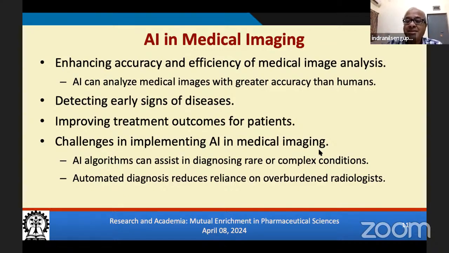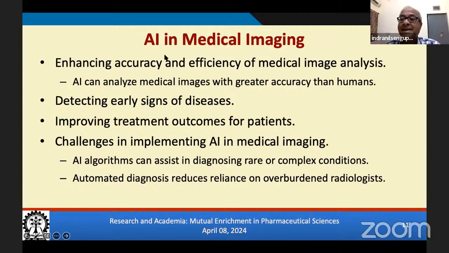Now, when these machines take, say, an image of my brain, traditionally, these images are interpreted by a doctor. But if we can incorporate AI in the system itself, the AI can give some preliminary diagnosis that, well, I find a tumor inside the brain. Please look into it carefully. Okay? I find something wrong in this part of the brain. There appears to be a lump. Please carry out some additional tests.